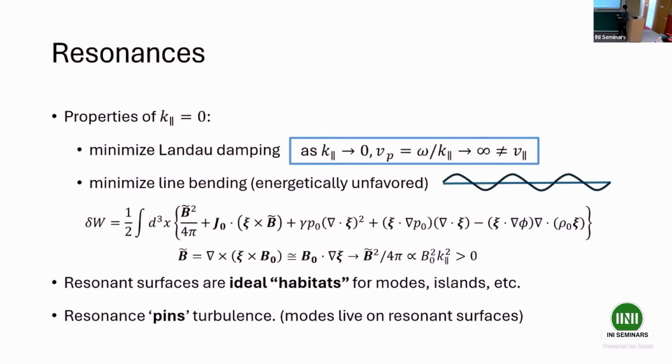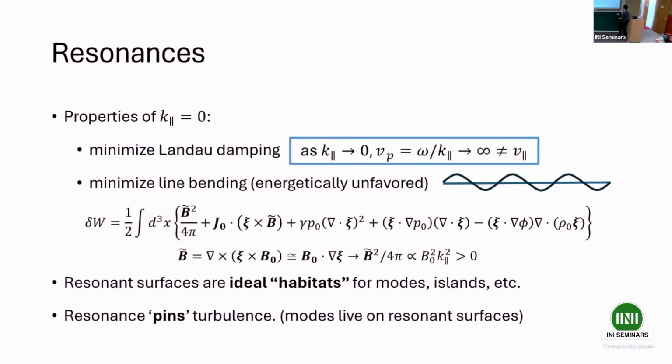At the same time, at the resonant surfaces, we can minimize the line bending, which is energetically unfavorable. Many of you might be familiar with the energy principle. Basically, it tells you if there is a perturbed displacement, how the energy of the total system changes. So delta W is the change in the total energy. As we can see, the first term is always positive definite.